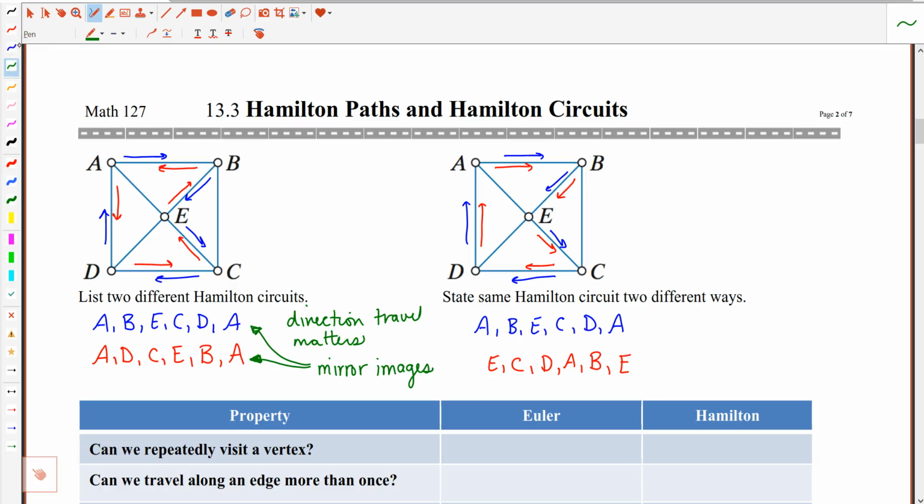So what we're saying on this one is that changing the starting vertex is not counted as a different circuit.